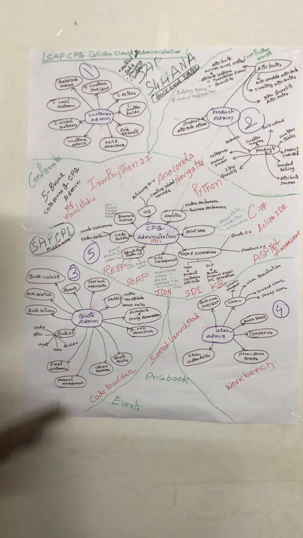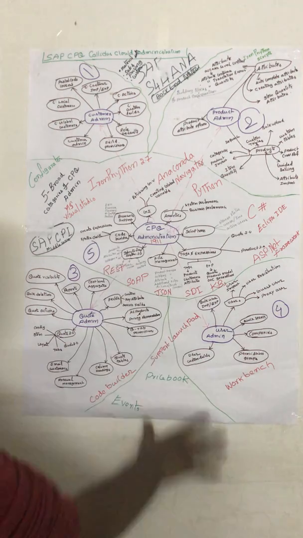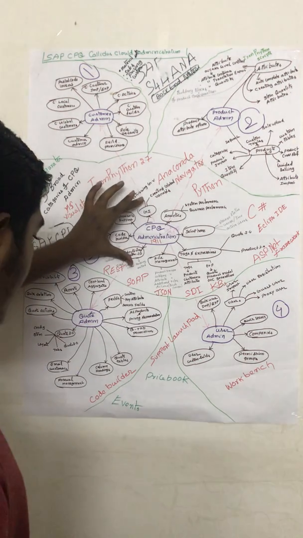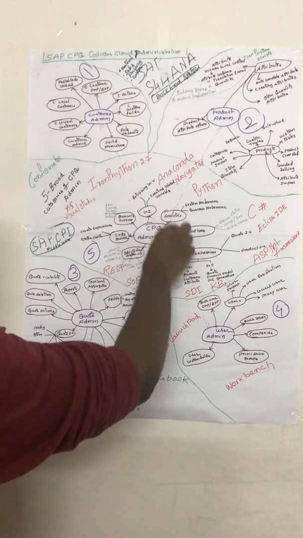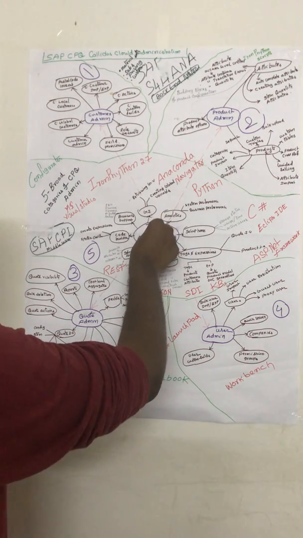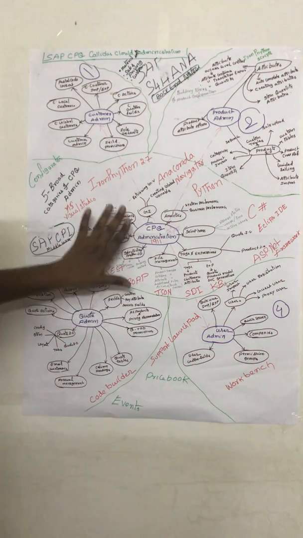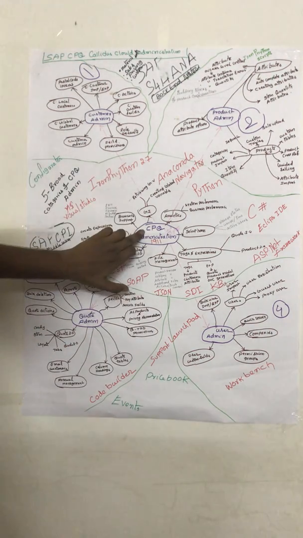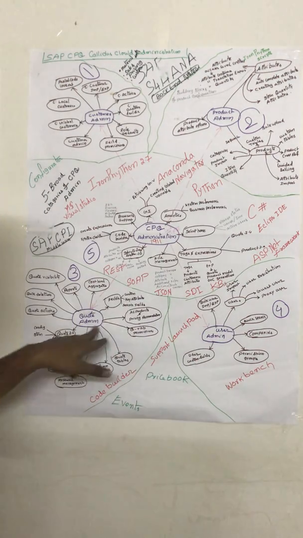So first of all, in CPQ administration there are some important factors. Let's discuss these important factors first, and then we'll get into all the things that are present in CPQ administration, like customer admin, product admin, user admin, and code admin.